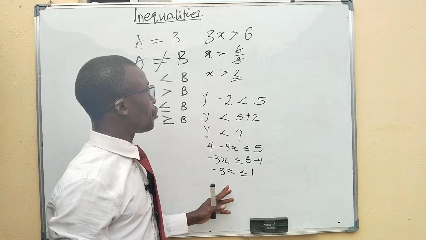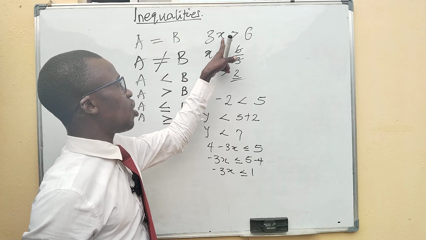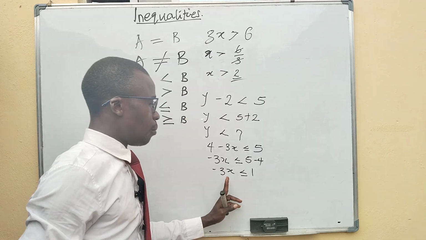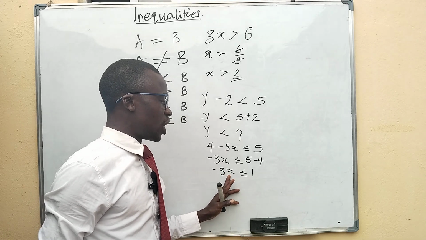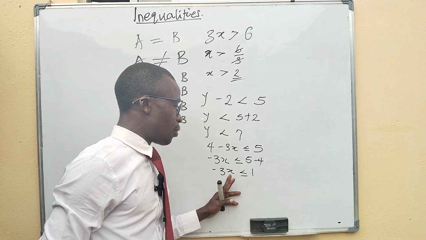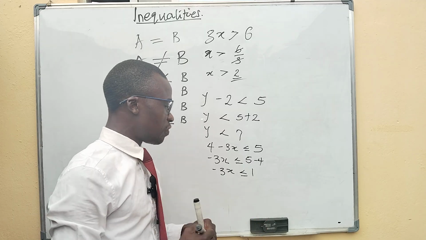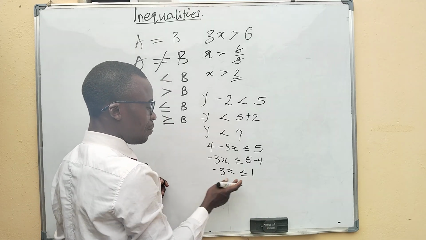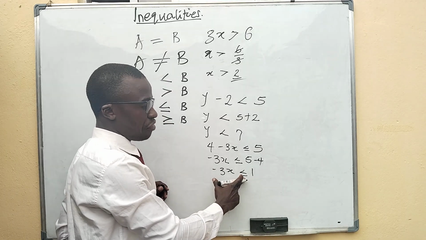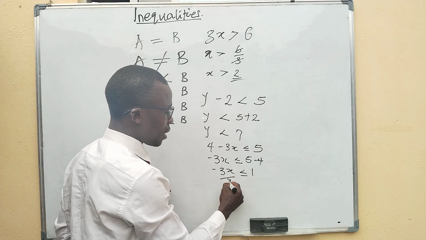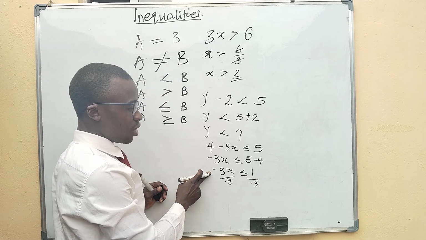Now, there is a difference between this and the earlier ones. Here, the coefficient is positive, but here the coefficient is negative. Take note of this: when the coefficient of the variable has a negative sign, you don't just divide, you recognize that the sign will be affected. So we divide both sides by minus 3, because the coefficient is minus 3.